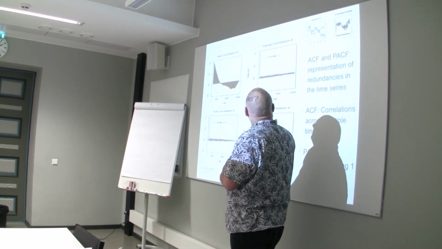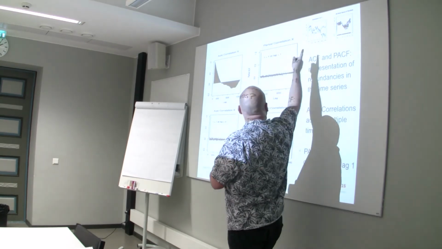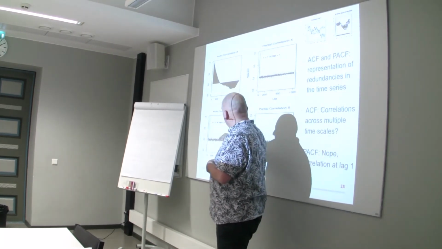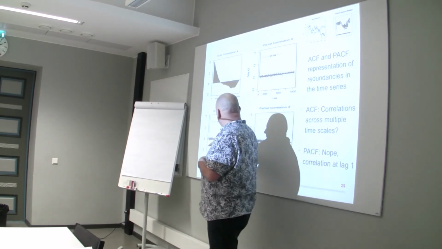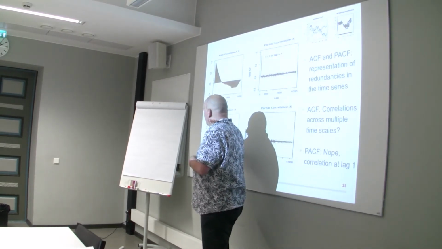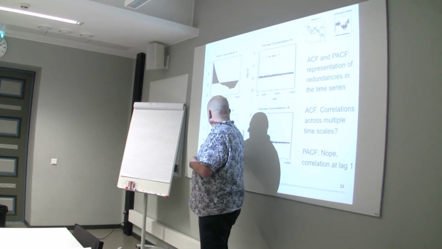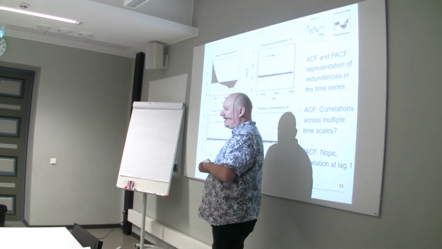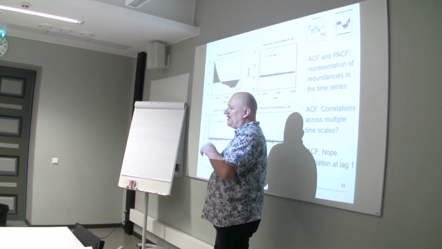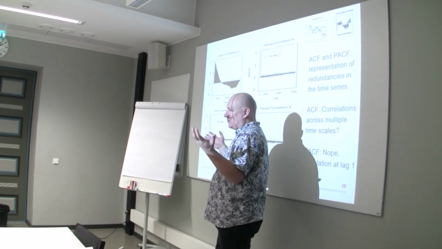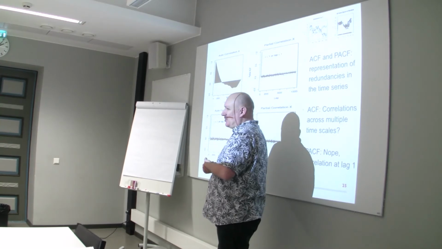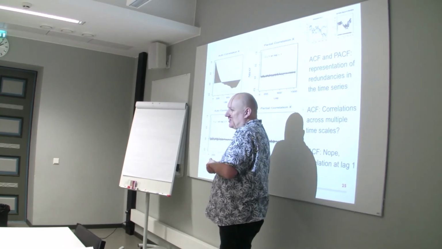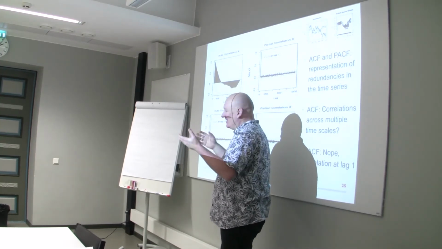If you then look at the time series of the increments themselves, which was white noise, the autocorrelation function has a correlation of 1 at lag 0. The only information you have about white noise is that the same value at the same time point is correlated with itself at 1.